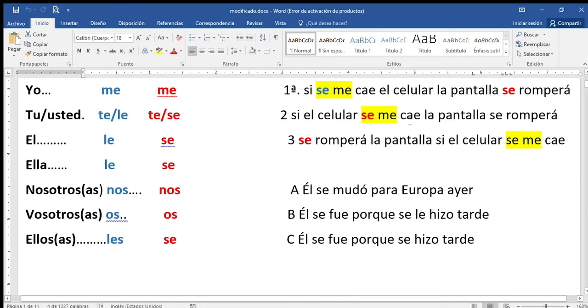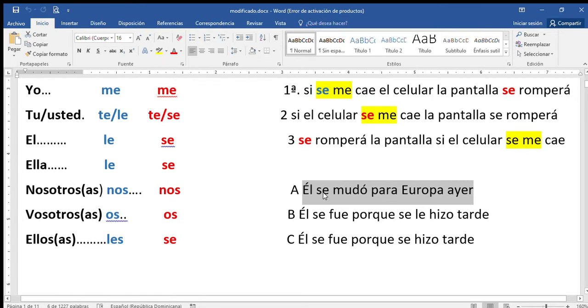Here we got: él se mudó para Europa ayer. Él se fue porque se le hizo tarde. Él se fue porque se hizo tarde. What I want you to see right here is that, for example, we have "él se mudó para Europa ayer".